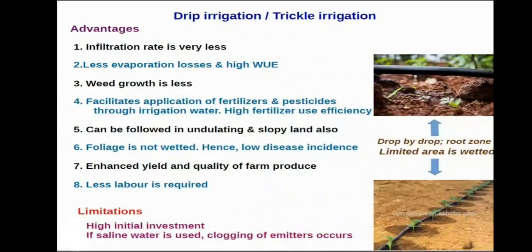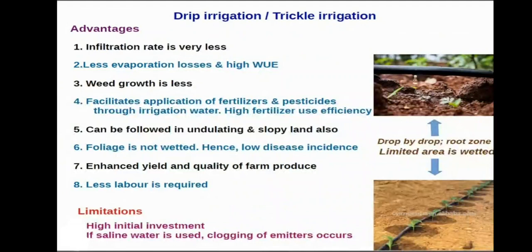Drip irrigation has higher water use efficiency than sprinkler irrigation, due to wind. Weed growth is less, as water is given only to the specific plant root. It facilitates application of fertilizers and pesticides through irrigation water. There is high fertilizer use efficiency, as fertilizer reaches the root zone directly and there is no loss of fertilizer.